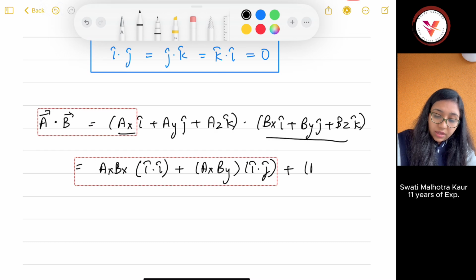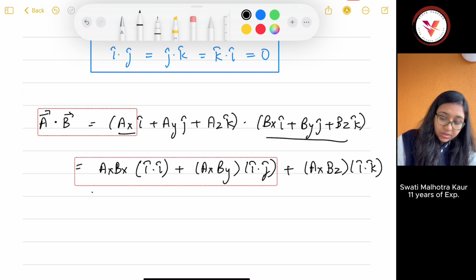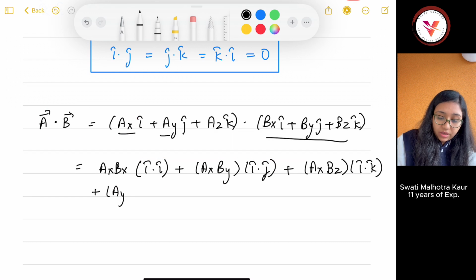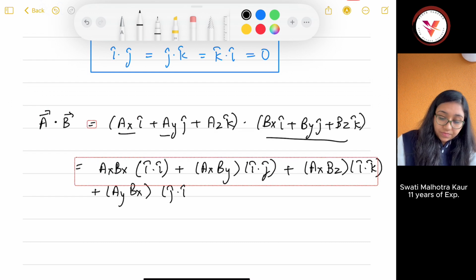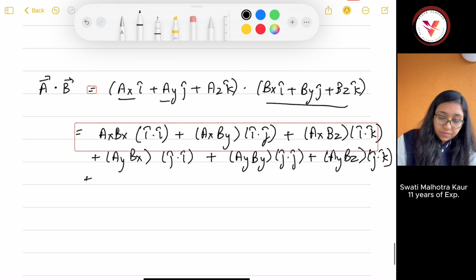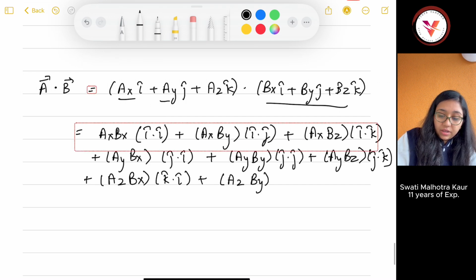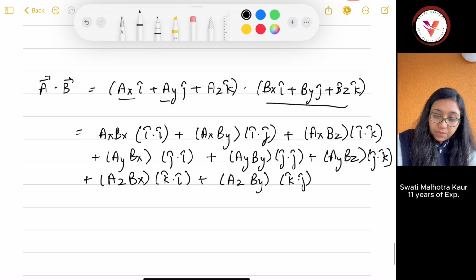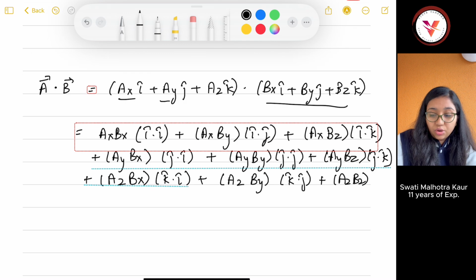Then plus AX BZ I dot K, then plus AY BX J dot I, plus AY BY J dot J, plus AY BZ J dot K, plus AZ BX K dot I, plus AZ BY K dot J, plus AZ BZ K dot K.